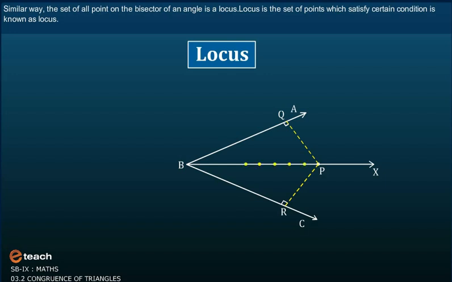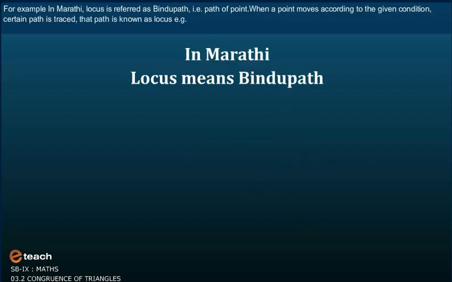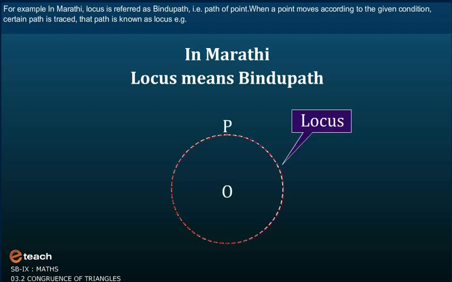Locus is the set of points which satisfy a certain condition. For example, in Marathi, locus is referred to as bindu patha, that is, path of point. When a point moves according to the given condition, a certain path is traced. That path is known as locus.